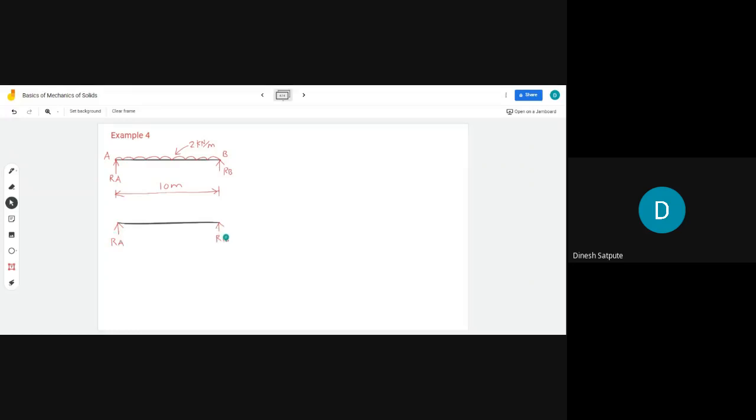After that, if you want to convert this UDL into a point load, there is a simple formula: span multiplied by intensity of UDL.